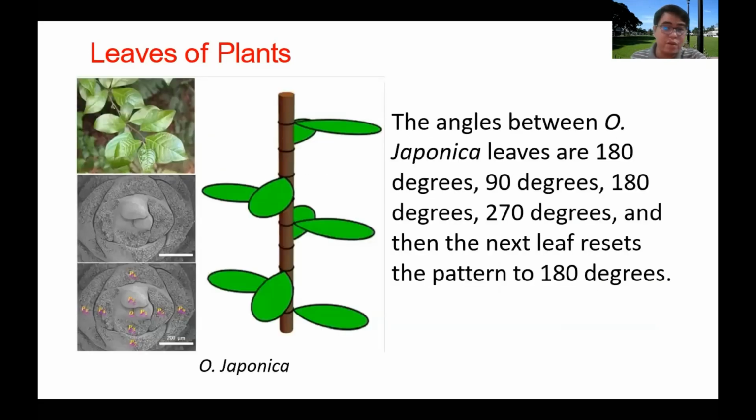The angle between the leaves is 180 degrees, 90 degrees, 180 degrees, and 270 degrees. And then the next leaf resets the pattern at 180 degrees. So even the leaves of this plant have a pattern.